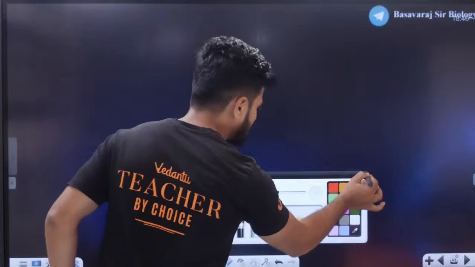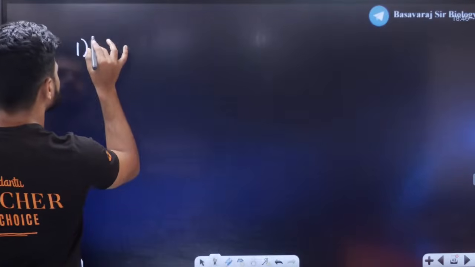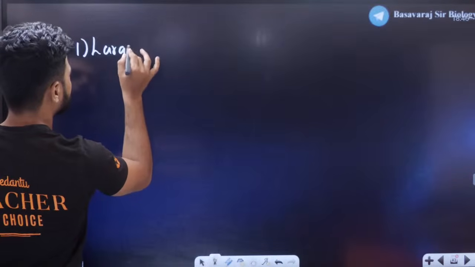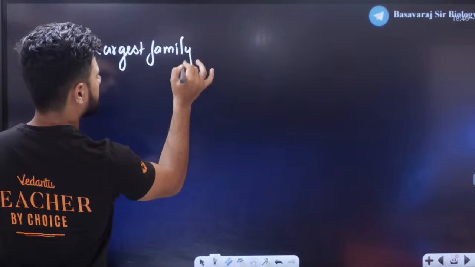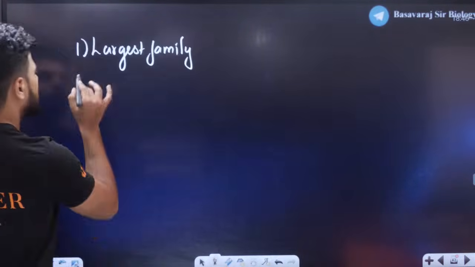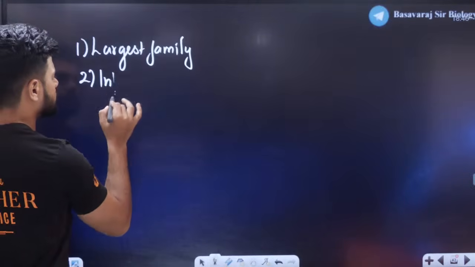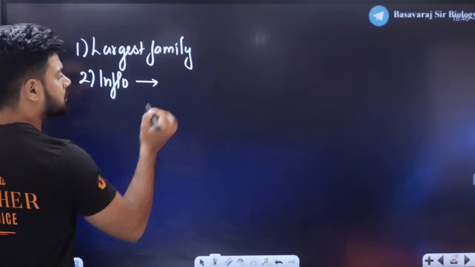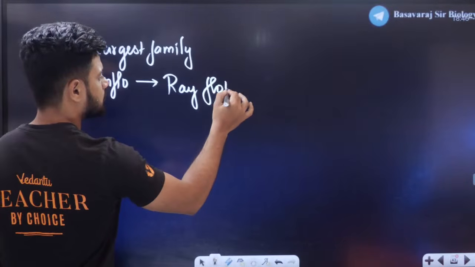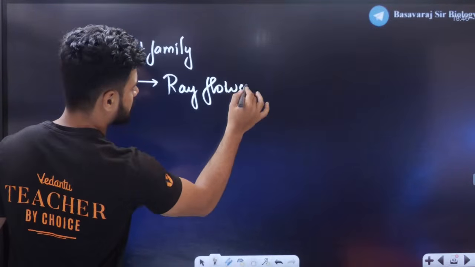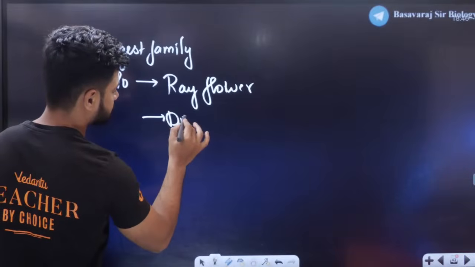So what do we learn here, students? We learned it is the largest family. Anything special in the inflorescence? Ray flower and disc flower.